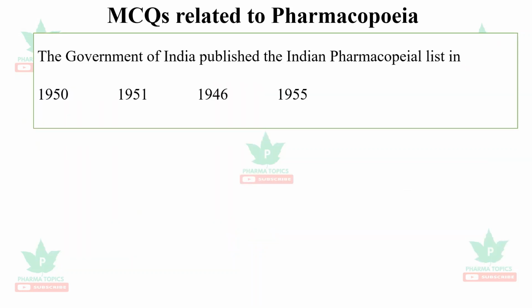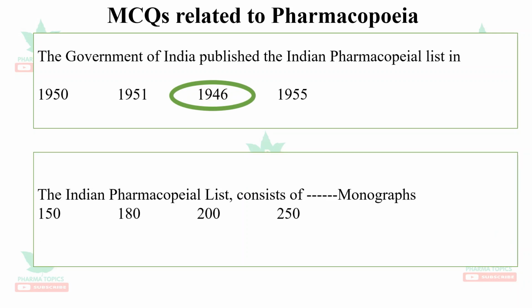The Government of India published the Indian Pharmacopoeia list in 1950, 51, 46 or 55. It is 1946. The Indian Pharmacopoeia list consists of dash monographs: 150, 180, 200 or 250. It is 180 monographs.